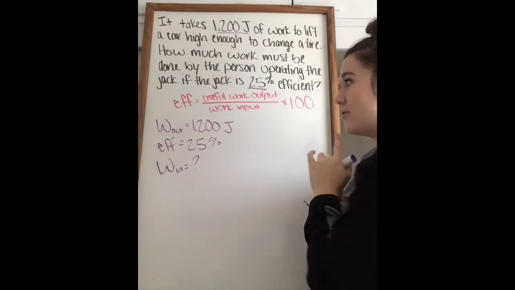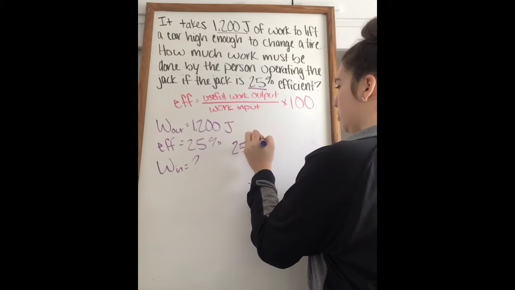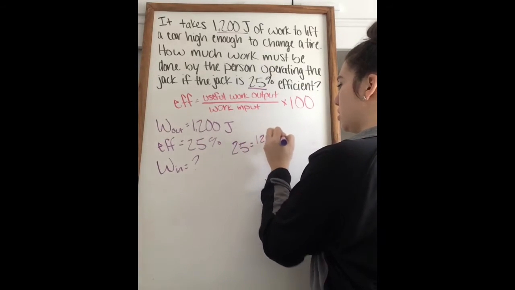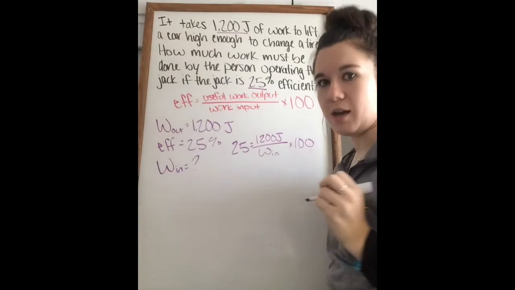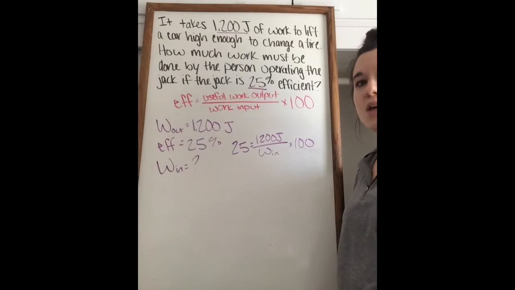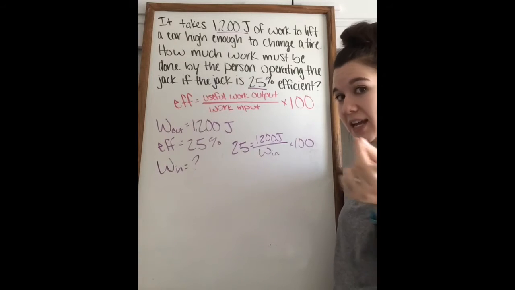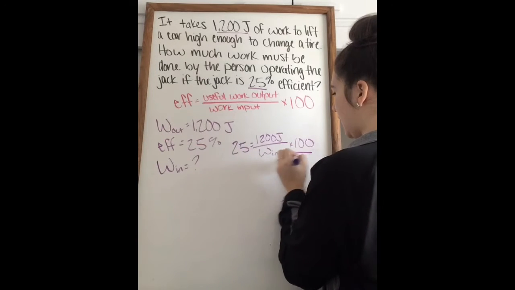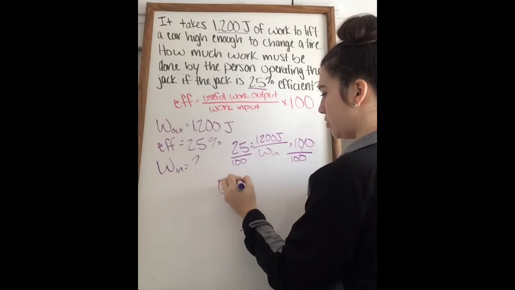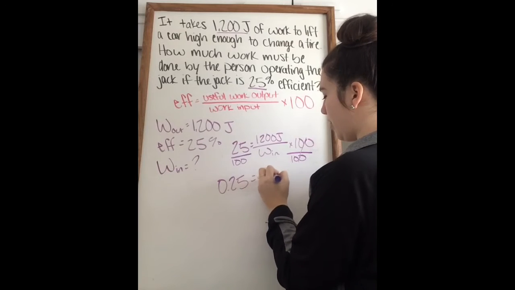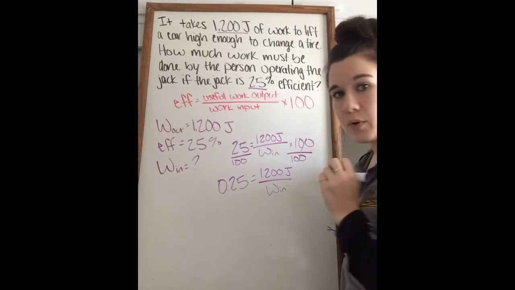So I should be able to plug everything in my equation right away this time. So I have 25 equals 1,200 joules over my input work times 100. Okay, so to solve this, first thing we want to do is get rid of that times 100, so we do the opposite, which is dividing. So I divide both sides by 100. That cancels out. I have 0.25 equals 1,200 joules over my input work.